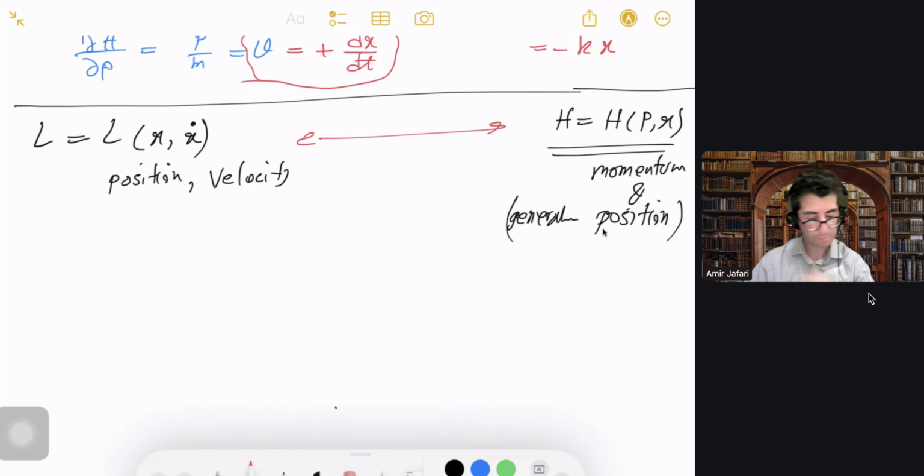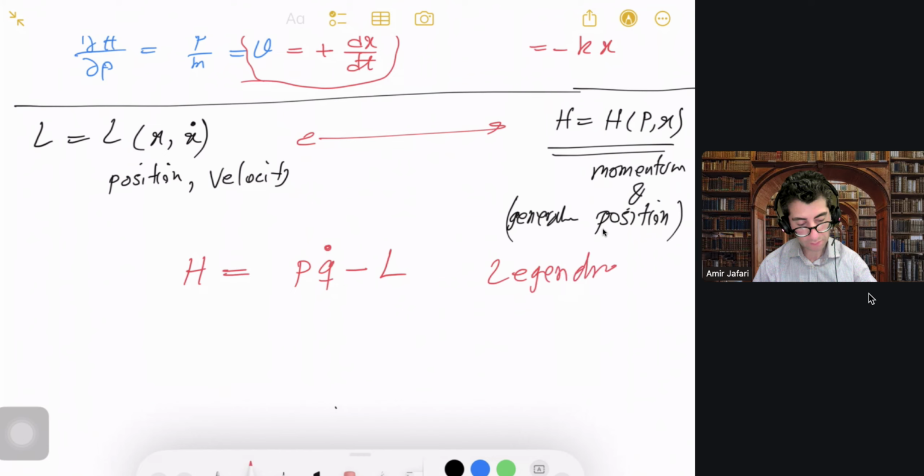Basically, if you know the Lagrangian, the Hamiltonian would be P Q dot minus L. This is a Lagrange transform. Hopefully you know about the Lagrange transform. Otherwise, let me know in the comments and we can probably talk about it.